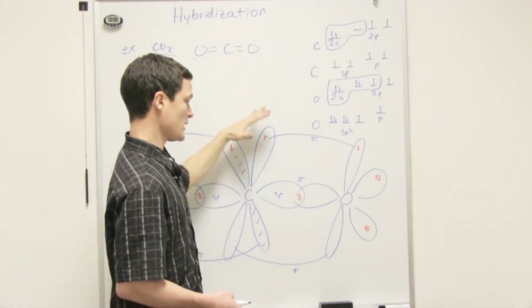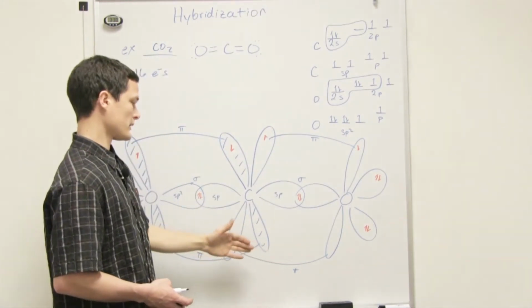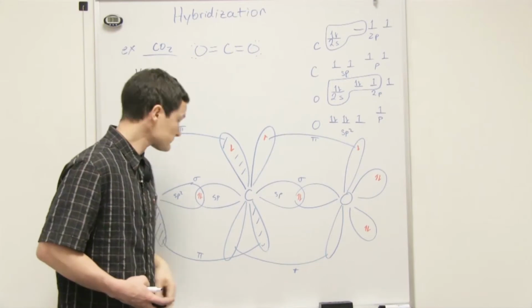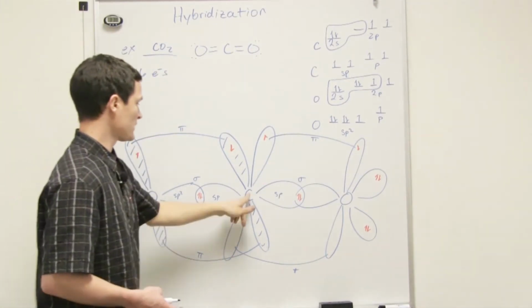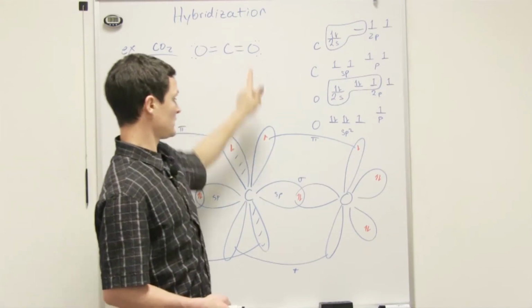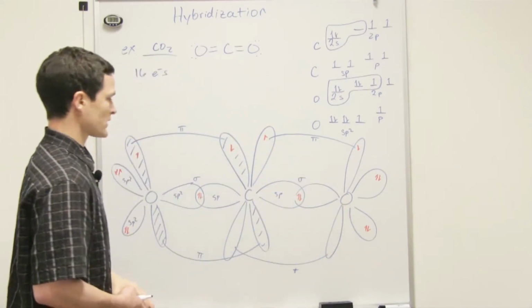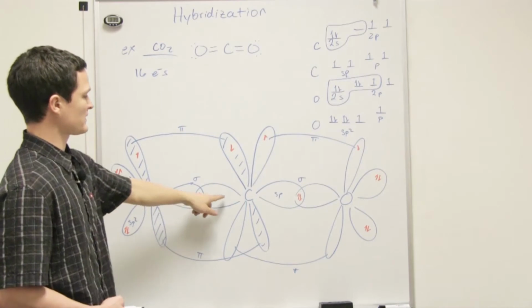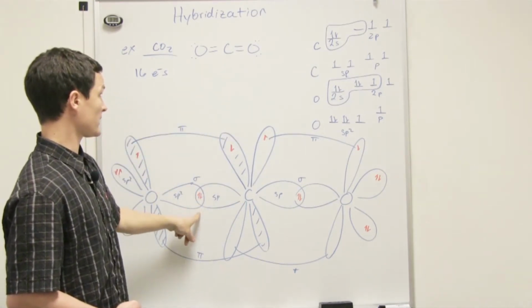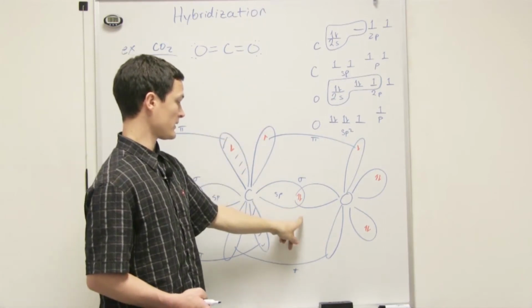And so this corresponds to what we expect, which then we can take this information combined with our Lewis structure to compose our hybridized diagram. So putting carbon in the middle just like we have here, and the oxygens on each end, we can go ahead and start representing this as we see it here. So we've got a sigma bond there, a sigma bond there.